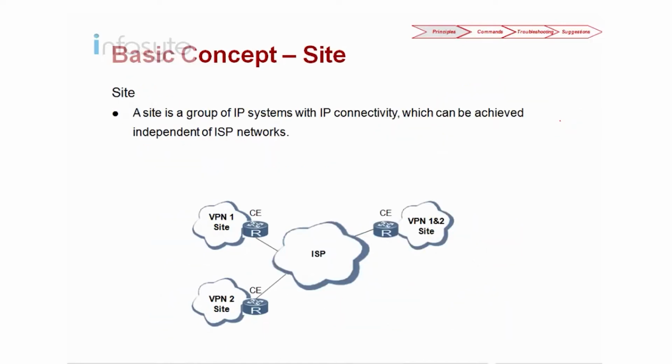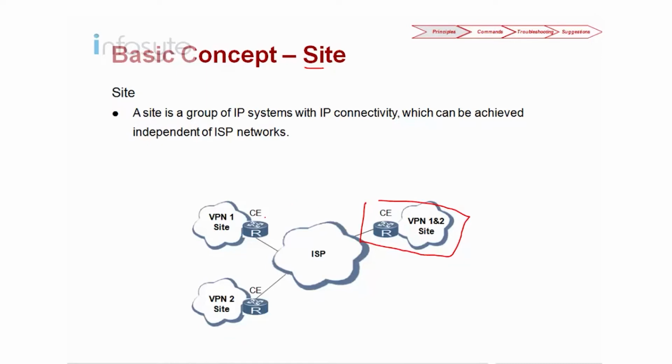Next, we look at the basic concept of the site. A site is a group of IP systems with IP connectivity that can be achieved independent of the ISP network. Within a site, I can have multiple VPNs, just like over here, where we have VPN 1 and VPN 2 sites.